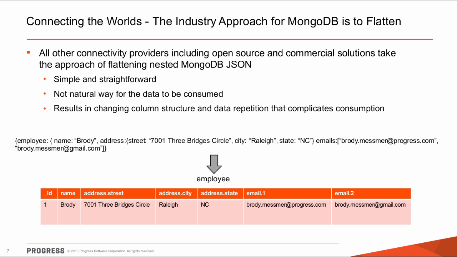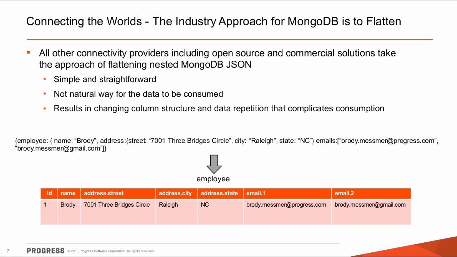So you see in the middle a snippet of JSON describing an employee whose name is Brody. That employee has an address in a nested JSON document. That curly brace in the middle is an example of how JSON data can be nested arbitrarily deep. And this employee has in this JSON document an array of emails, in this case 2 emails.